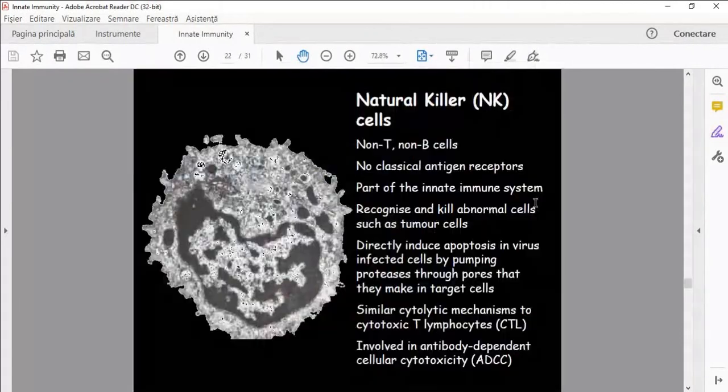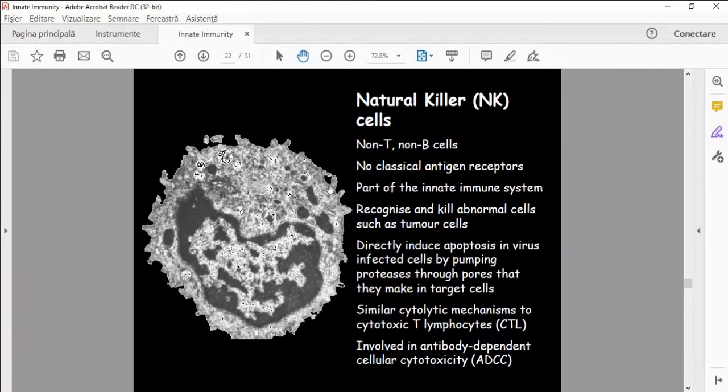Natural killer cells are large lymphocytes, non-T, non-B. We call natural killer cells large lymphocytes because they have between 9 and 15 microns compared to 6 to 9 microns of small lymphocytes, T or B lymphocytes.